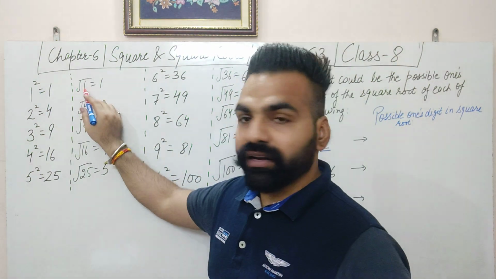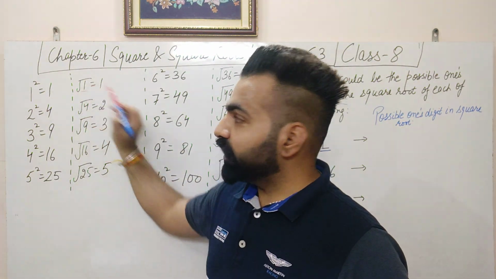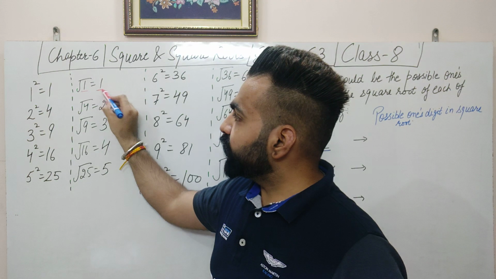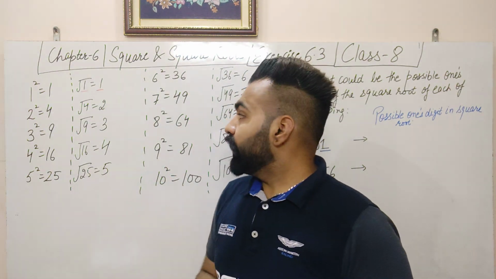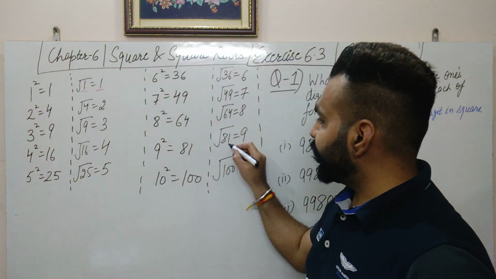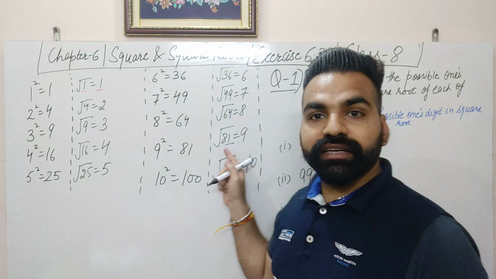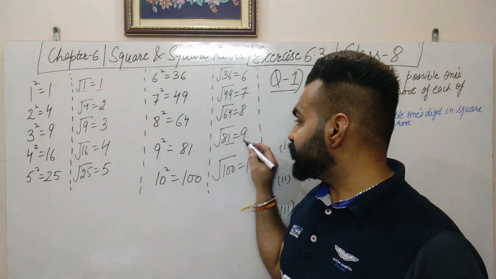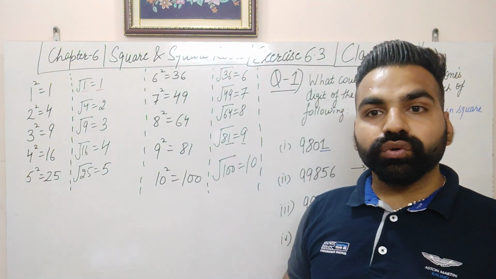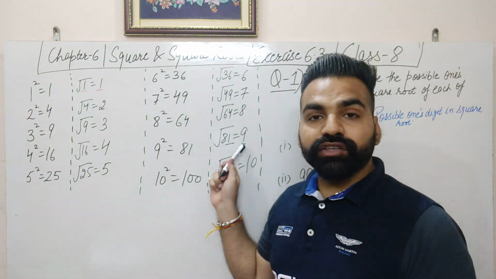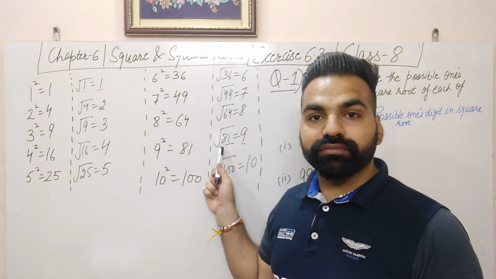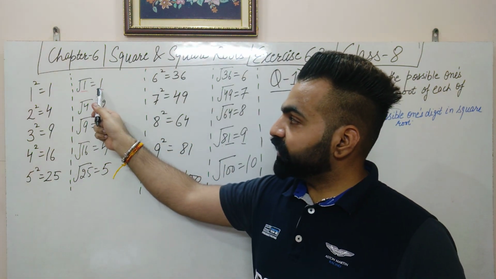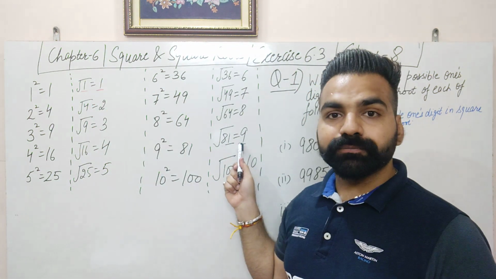The first example is 1. When the unit digit is 1, the unit digit of the square is also 1. And here the example is 81. In 81 the unit digit is 1, but the unit place in the square root is 9. So there are two cases in which the unit place of the square is 1: the unit digit is 1, and here the unit digit is 9.